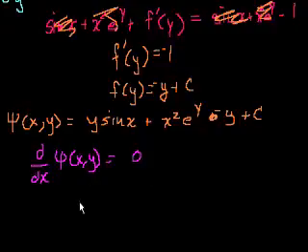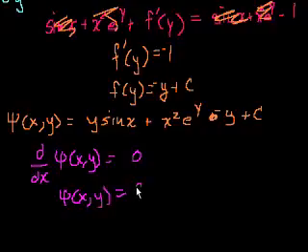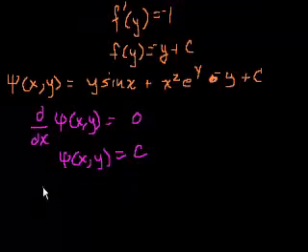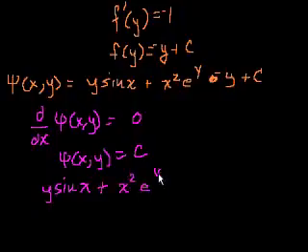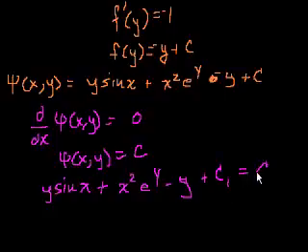Or if you were to integrate both sides, you would get that xi of x and y equal to c is a solution of that differential equation. So we could say y sine of x plus x squared e to the y minus y, plus c, where you combine the constants on both sides and are just left with the c at the end. But anyway, we have solved this exact equation.